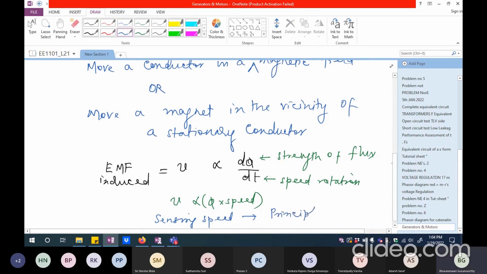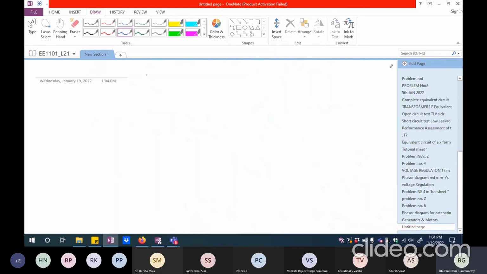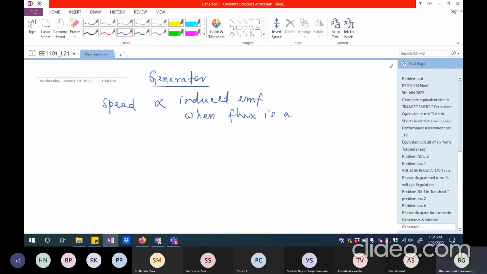Whenever we want to sense speed, we will be using the principle of generator, because in a generator the speed is proportional to the induced EMF when flux is constant. We are not going to change the magnetic field or magnetic flux.